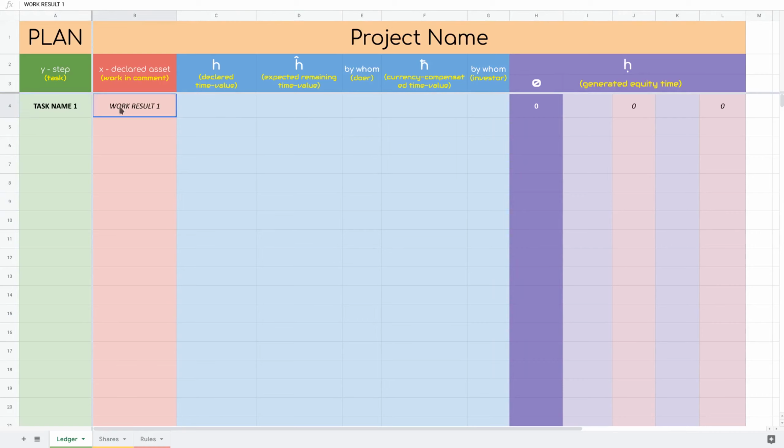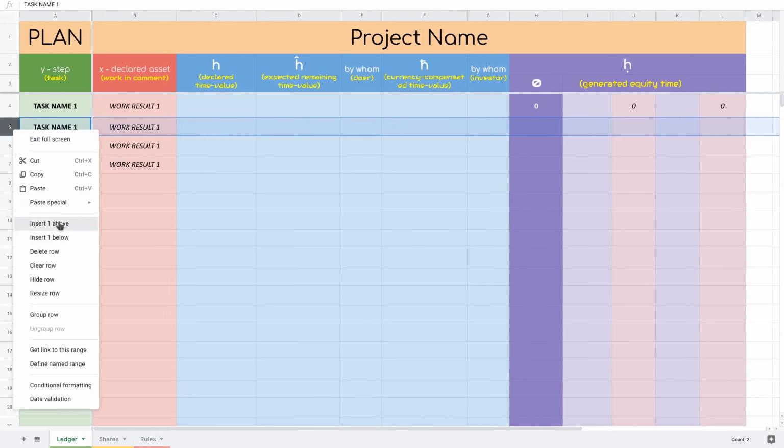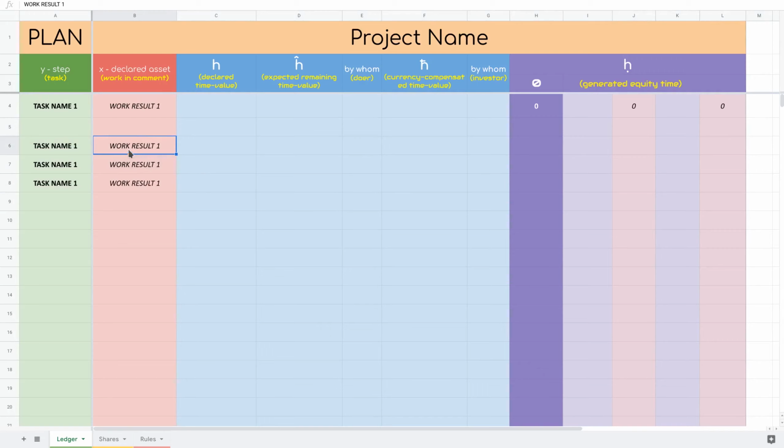You can have work results for some task; maybe a single task may have multiple work results, and these results may just be some kind of work results. So you can imagine this is a Trello task name, and maybe there are different work results, or maybe there are different people who show those results.